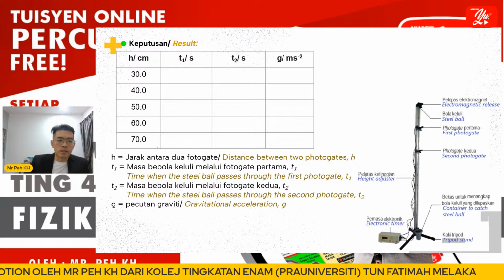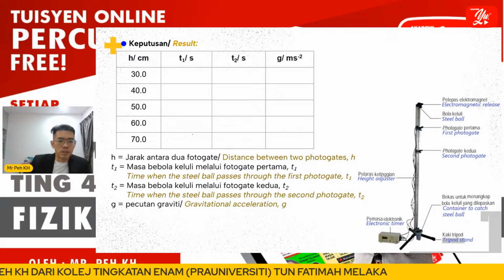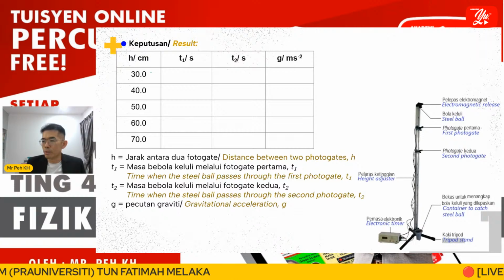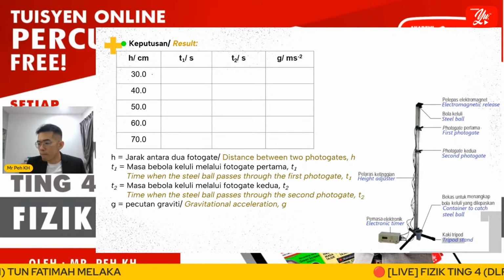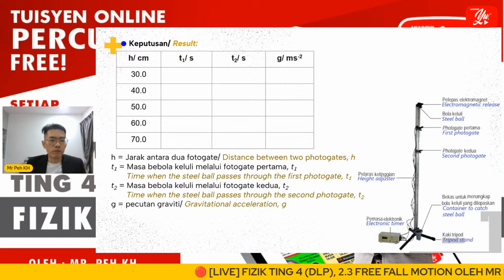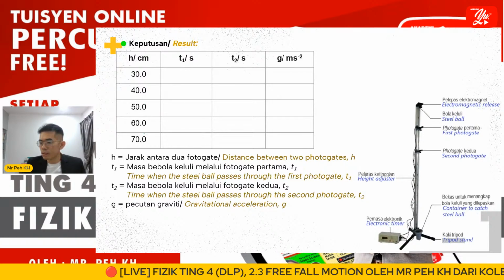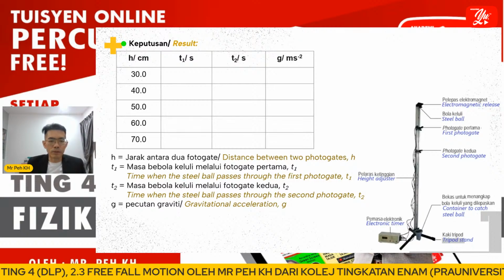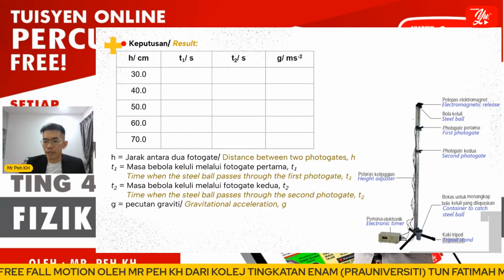H is the distance between the two photogates. As mentioned in the procedure, there will be 30, 40, 50, 60, and 70. Then T1 is the time when the steel ball passes through the first photogate, which will be here.